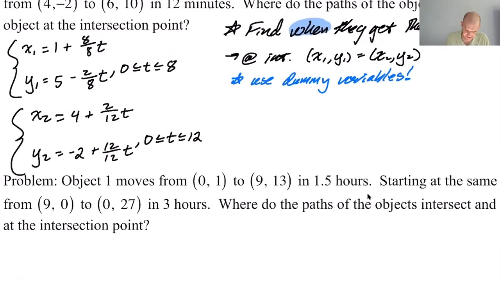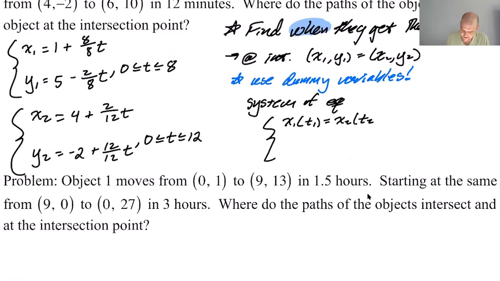So what I'm saying is I have a system of equations. It looks like parametric equations, but it's actually a system of equations. x1 of t1, the time that object 1 gets to the intersection, should be equal to x2 of t2.